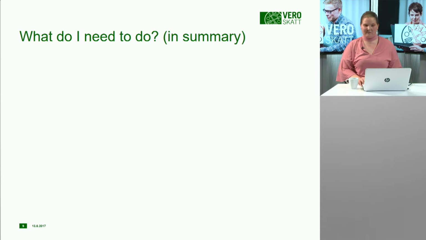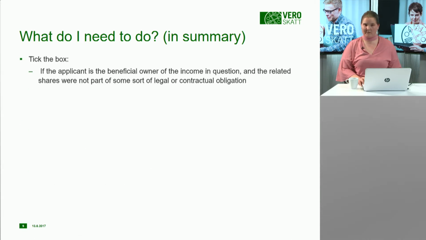Now, in summary, tick the box if the applicant is the beneficial owner of the income in question, and the related shares were not part of some sort of legal or contractual obligation.